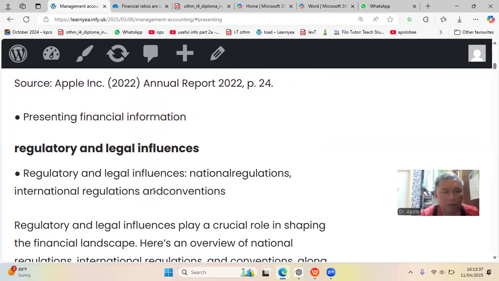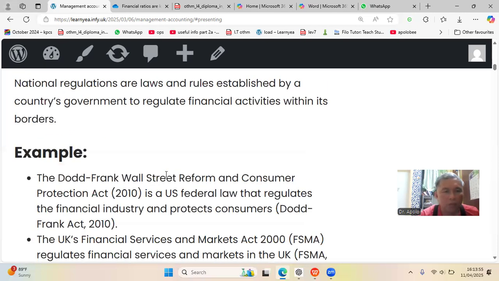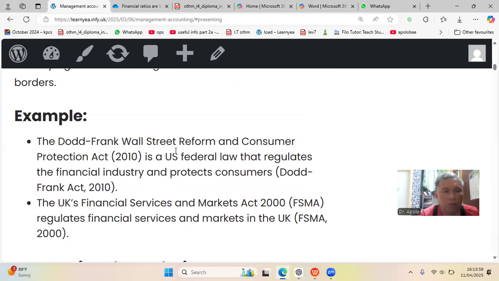Then regulatory and legal influences: national regulations, international regulations, and conventions. Regulatory and legal influences play a crucial role in shaping the financial landscape. We have national regulations, for example, the Dodd-Frank Wall Street Reform and Consumer Protection Act and the UK Financial Services Act.